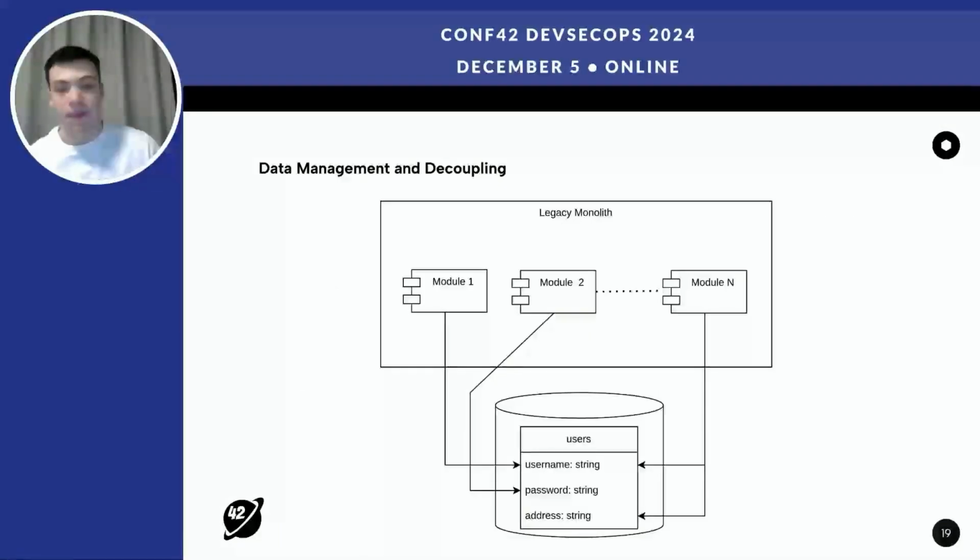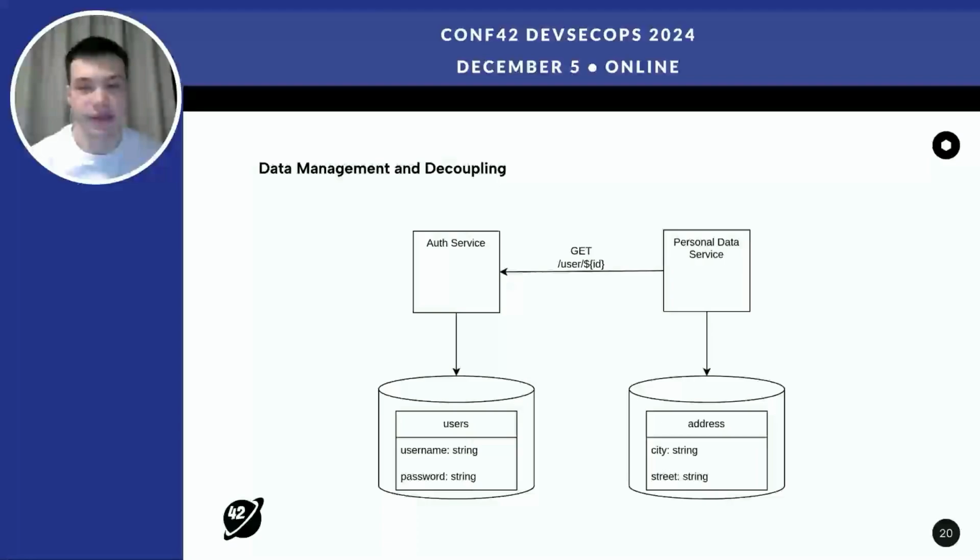For example, you have module 1, module 2, etc. that are working with the users table. The first module is working with the username field. The second module is working with the password field. So how do we handle such situations?